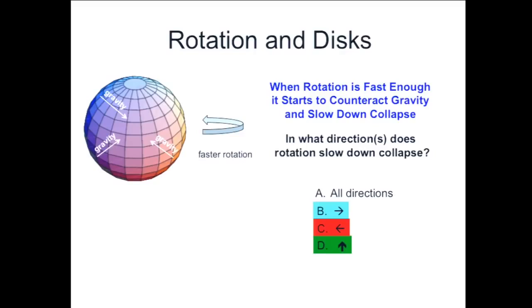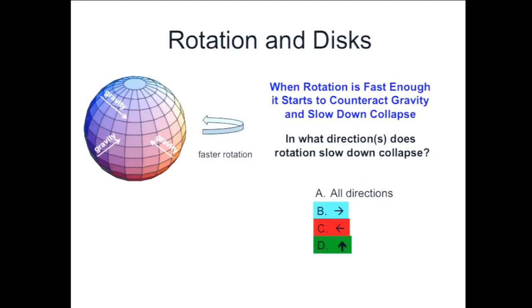Okay, so go ahead and put up your answers. Okay, so I see some reds, some blues, some whites, occasional green maybe. The first thing I want you to think about here is that in the movie, rotation leads to the formation of a disk.